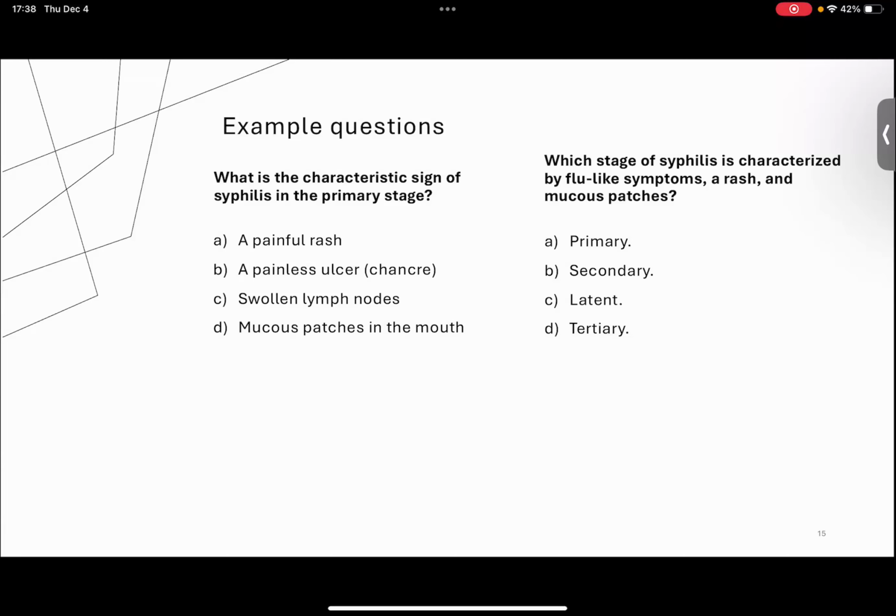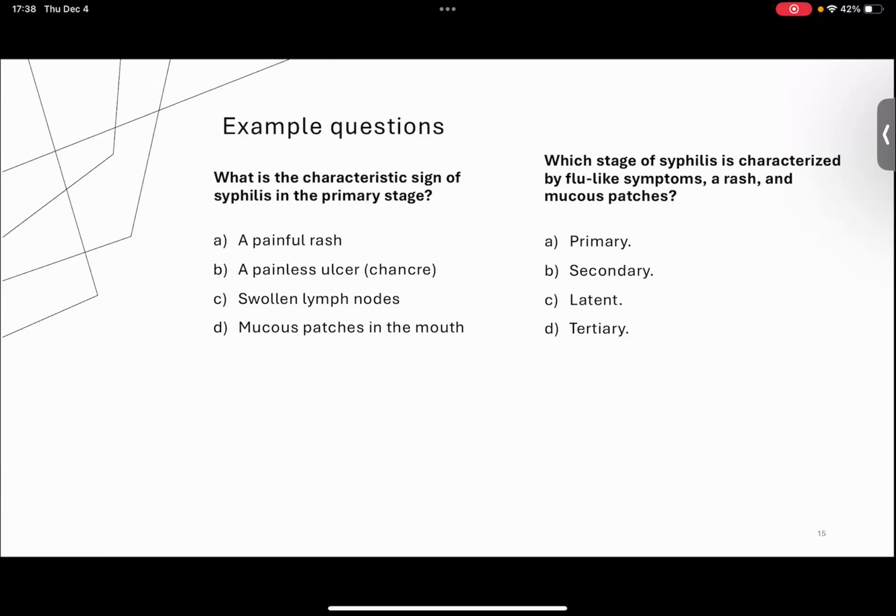Our next question: which stage of syphilis is characterized by flu-like symptoms, a rash, and mucus patches, in case you weren't paying attention with my previous explanation? This is secondary syphilis. Primary syphilis is just that chancre at the site where the bacteria got in. Latent syphilis, you're having no signs or symptoms, even though you're still contagious and still harboring the bacteria.